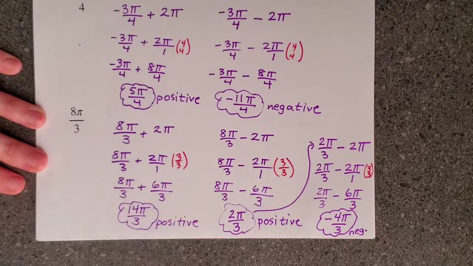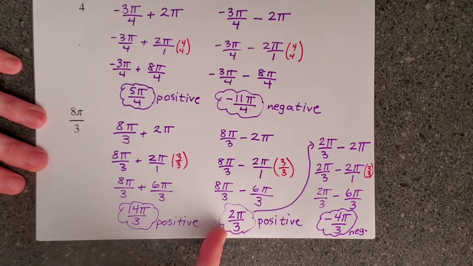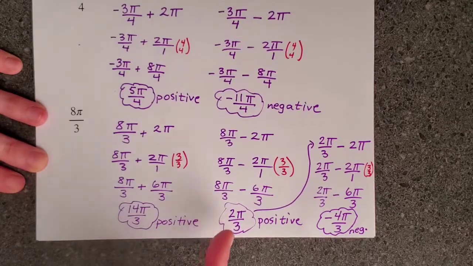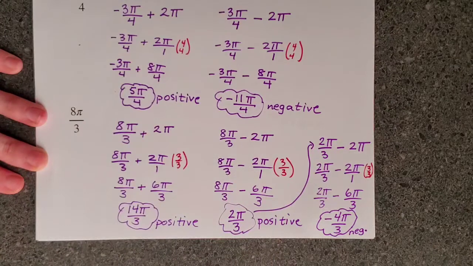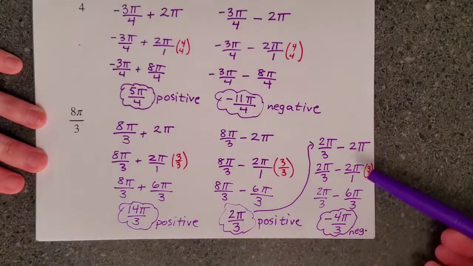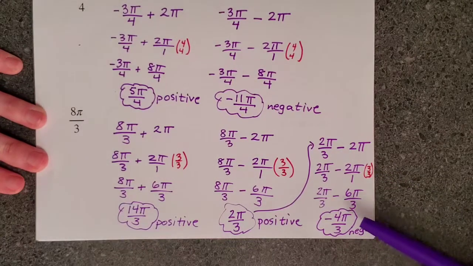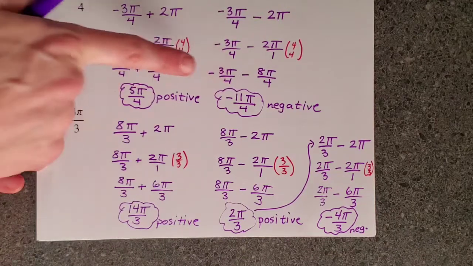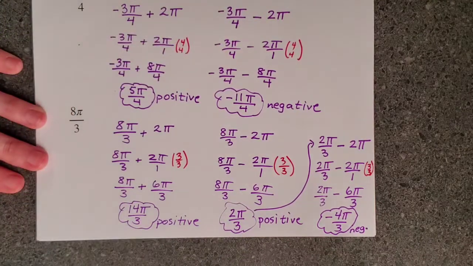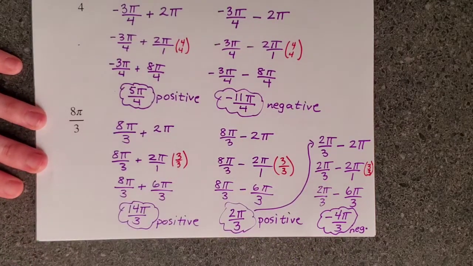So both great positive answers, but I wanted a negative, so I needed to take this one where I'd subtracted and subtract again another 2 pi from 2 pi over 3. Common denominators, and I finally landed on a negative answer. So just like these ones where I had a positive answer and a negative answer, here I have a positive and a negative. I actually just accidentally have 2 positives. So if all it wanted was 1 positive and 1 negative, you wouldn't need to list both, but you could.